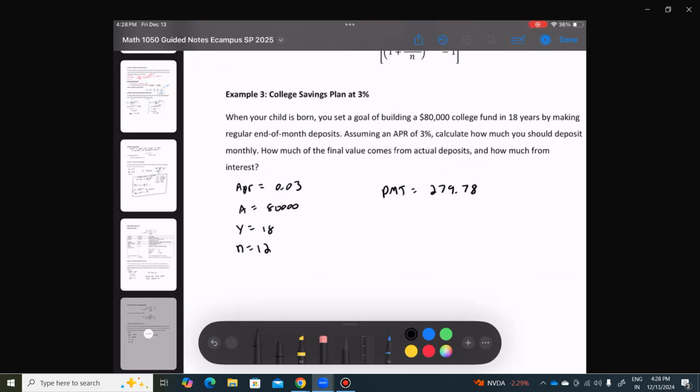The next part of this is how much of the final value comes from actual deposits and how much from interest. Your actual deposits are $279.78 times 12 months times 18 years, and you get $60,432.48.